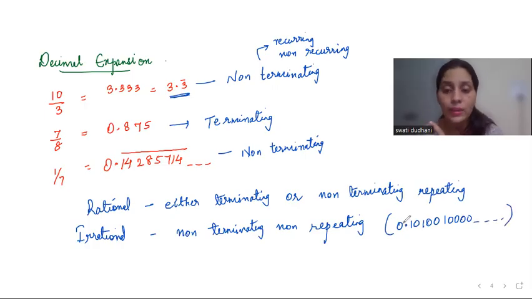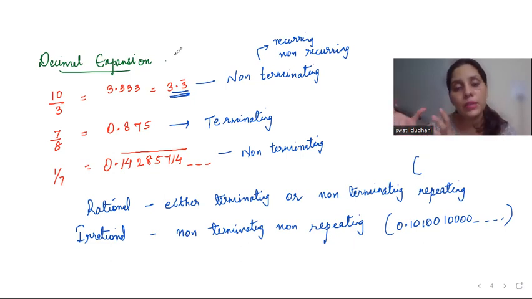Here we do not have any pattern, no pattern where the same thing is repeating again and again. So this is non-repeating. But 3.3 bar is a rational number because we know a pattern. Some part is repeating. Though the remainder is not 0, some part is repeating. Similarly, this is also a rational number because some part is repeating.